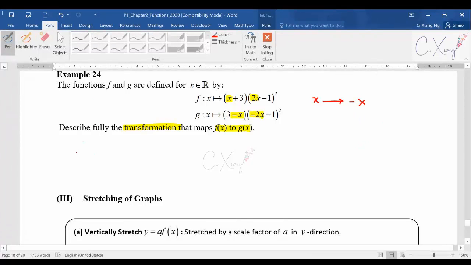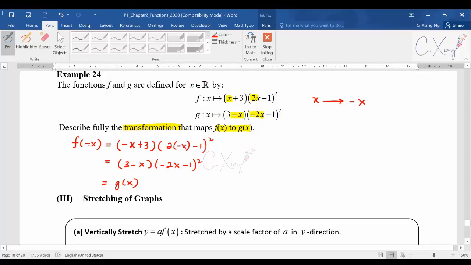So you are putting negative x into the function f. You have negative x plus 3, and then 2 multiplied by negative x minus 1 squared, giving 3 minus x, negative 2x minus 1 squared. And this is exactly g(x). So you just change x to negative x.